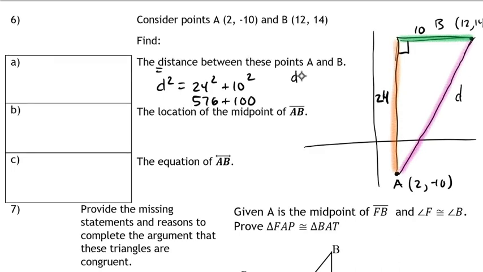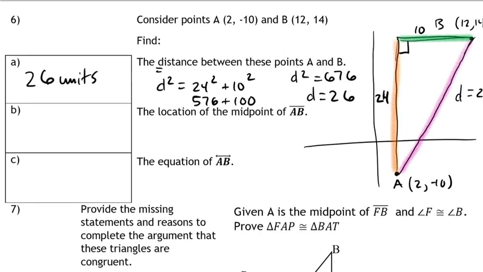So if D squared is 676, if I take the square root of that value, I get that D, the distance between those 2 points, is 26 units. So that purple segment there, D, is 26 units, and I'll go ahead and write here, this is 26 units long.